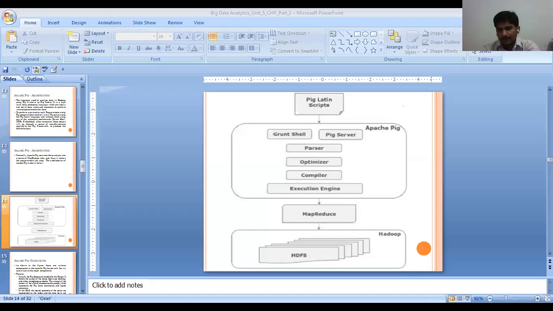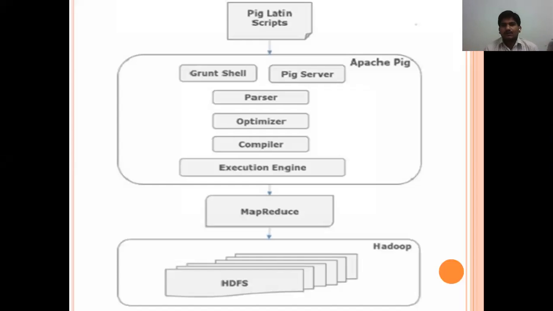How is a programming language script, like a big Pig Latin script, going to be transferred into a parser, optimization, compiler, and submitted to the execution engine?